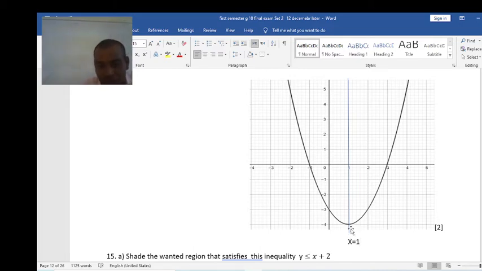And this point, my learners, is the vertex, the point 1, negative 4. And we told x equals minus 1 and x equals 3 are the two roots of my quadratic equation. That's why the curve of this equation cuts the x-axis at negative 1 and 3, and cuts also the y-axis at the y-intercept, which is negative 3.